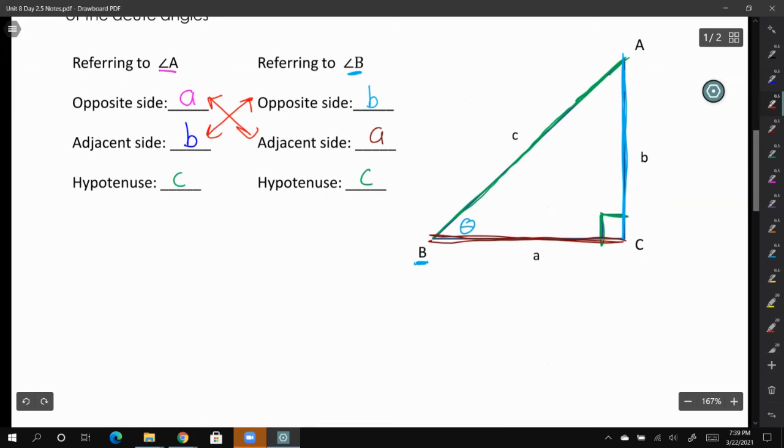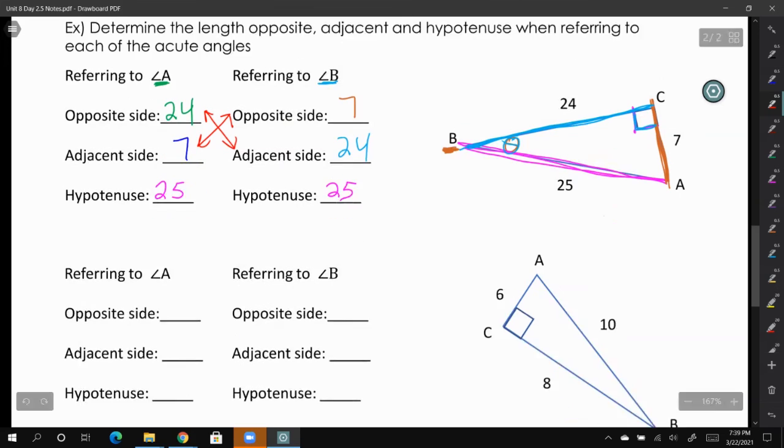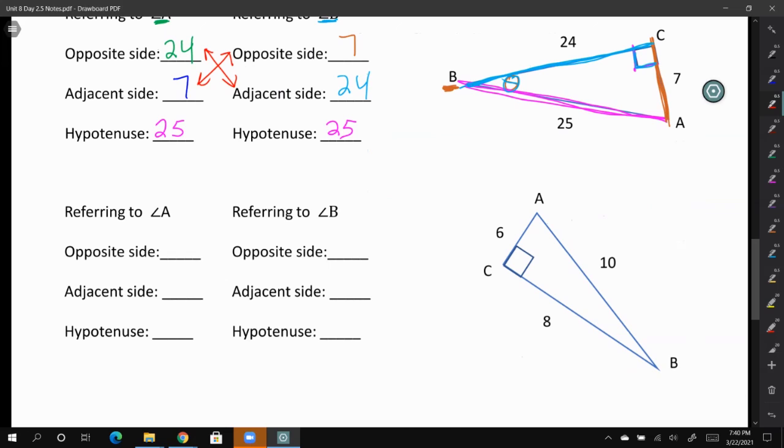And again, you can see that these switched. So in theory, you could find the information for referring to angle A and then use that to get the information when referring to angle B. But for now, I want you to look at them both separately just so you get good practice identifying the opposite, adjacent, and hypotenuse when referring to certain angles.